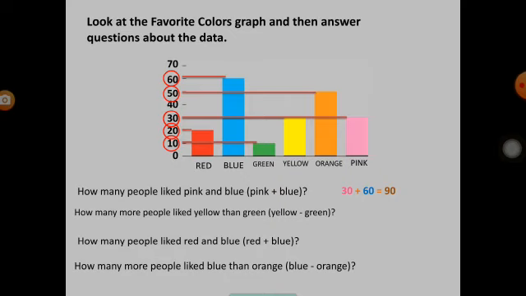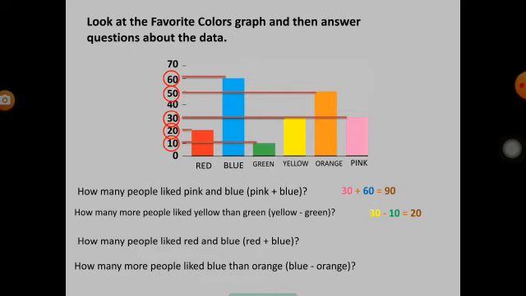Let me take the next question. How many more people liked yellow than green? Who can tell me? Super! I have 30 in yellow and 10 in green.